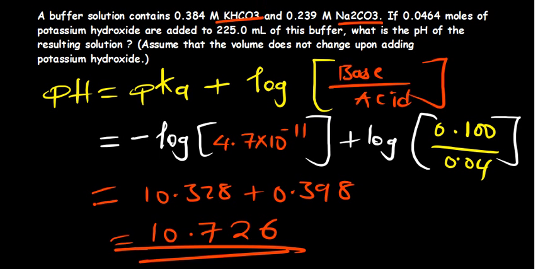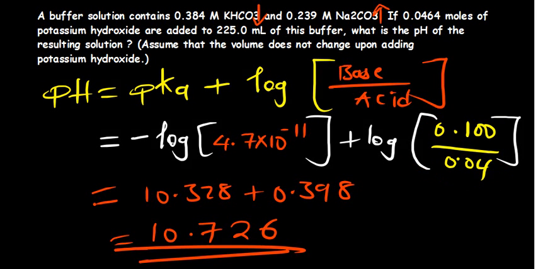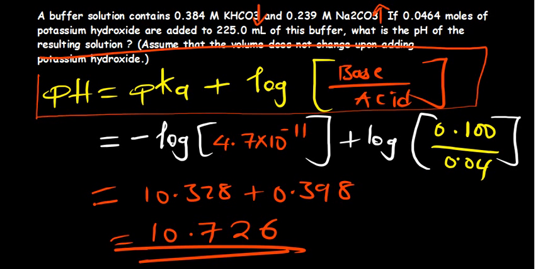Therefore that led to a reduction in the concentration of our acid, and led to an increase in the conjugate base. Okay, so this value had increased and the other value had reduced. Those are very simple steps, and of course get to know the Henderson equation, because it's going to be very helpful in a case where they've given you a buffer solution and they expect you to find the pH.